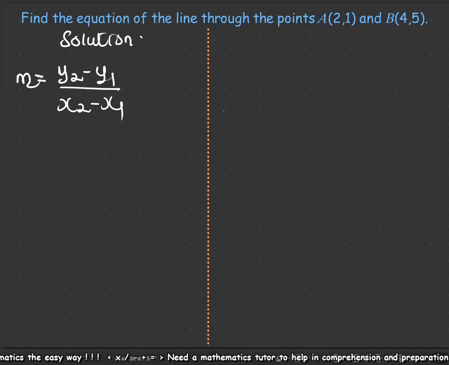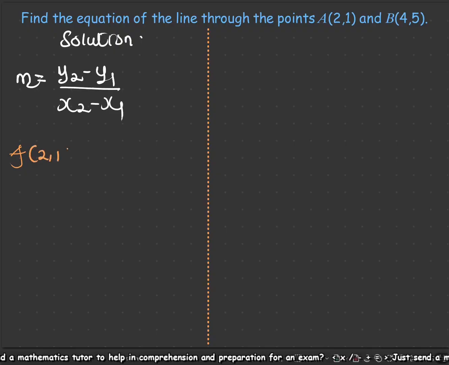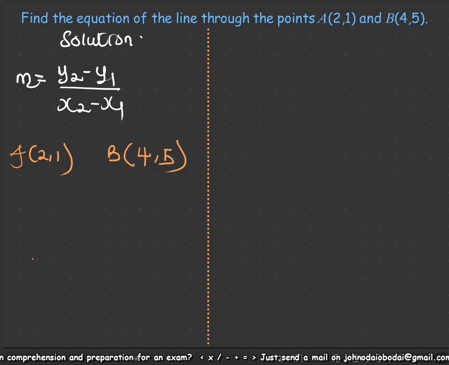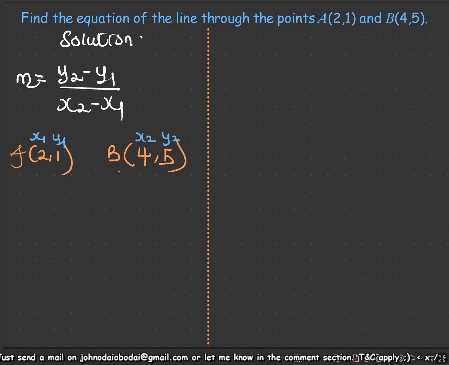And looking at the set of points we have over here, we have A, which is (2, 1). And we have our B as well, which is what? (4, 5). So we need to find the gradient ourselves. And we need to take note of our x and y values. So x1, y1, and then x2, y2.